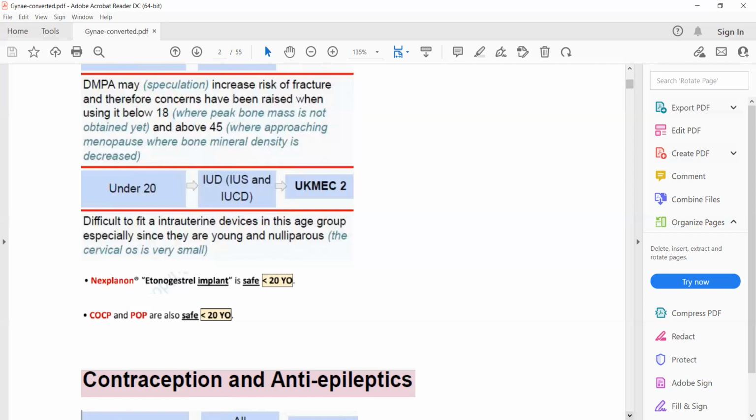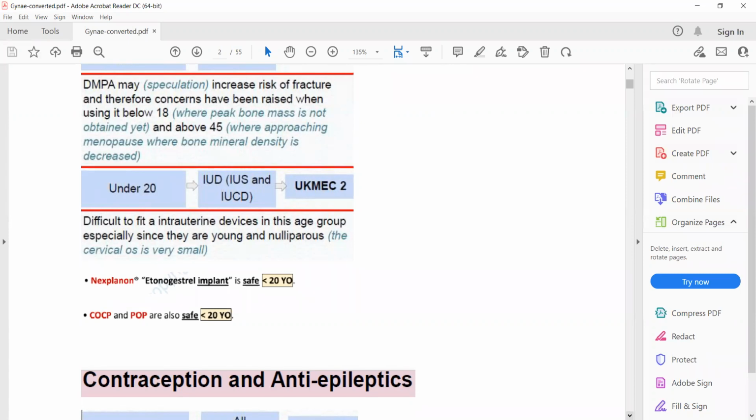Whenever you encounter a scenario that is about contraception, first of all, you need to see if the patient is looking for short-term or long-term contraception. Either the family of the patient is complete or incomplete.